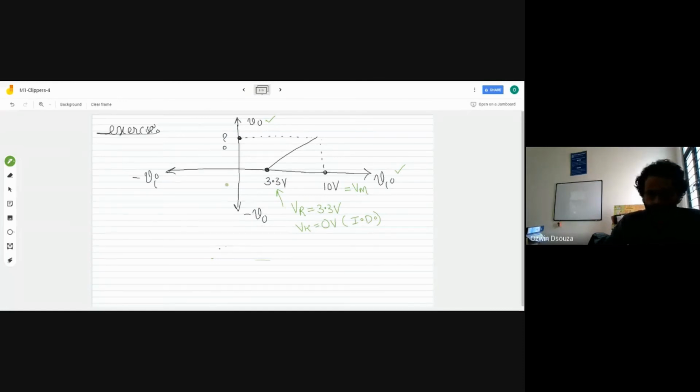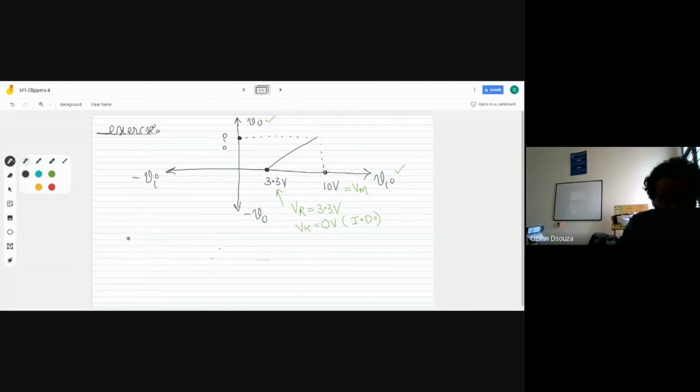In the negative half cycle, if you follow the minus x-axis, you see that there is no trace of the output voltage. So your output is 0 for the entire negative half cycle. With this information, you will be able to construct the circuit.